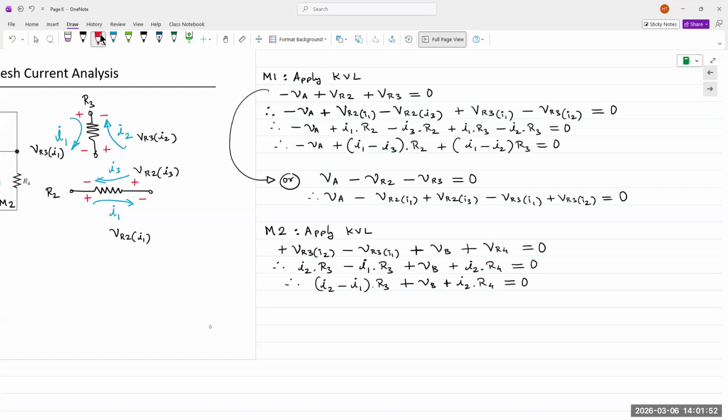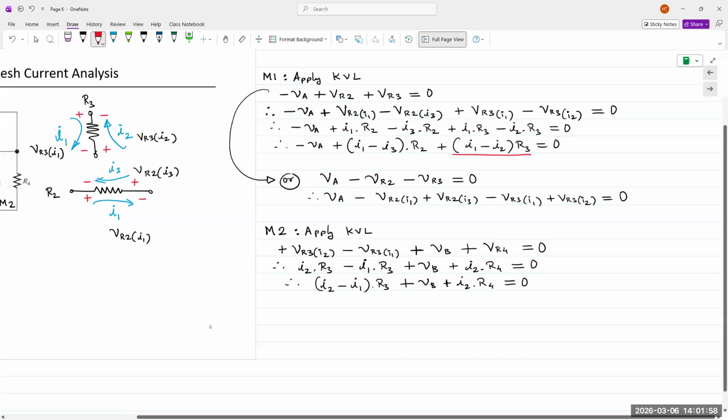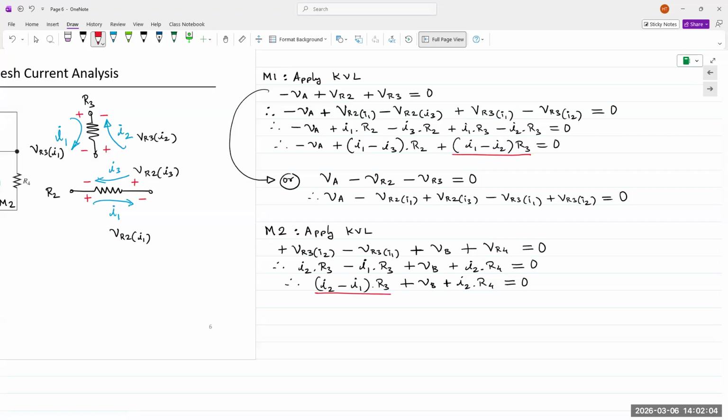What I really want to point out is this. VR3 in mesh 1 is I1 minus I3. In mesh 2, the same voltage is I2 minus I1. And that is because of the current directions we chose. Okay. If both I1 and I2 were going the same direction, then in mesh 1, it would have been I1 plus I2.